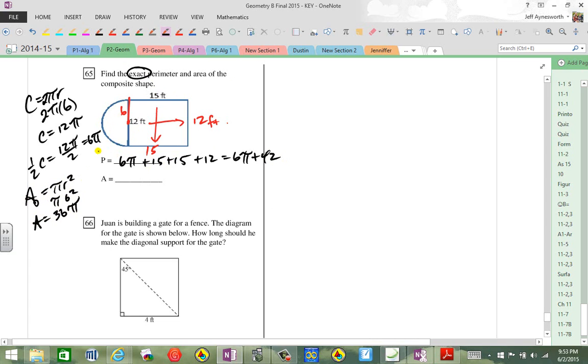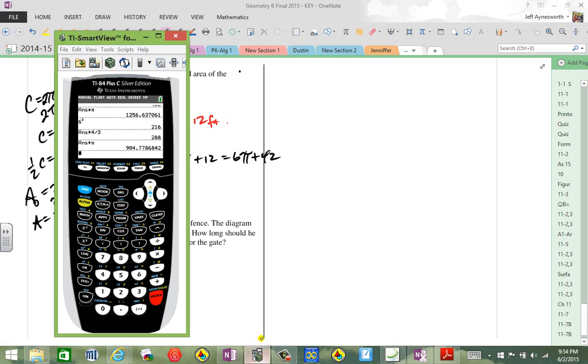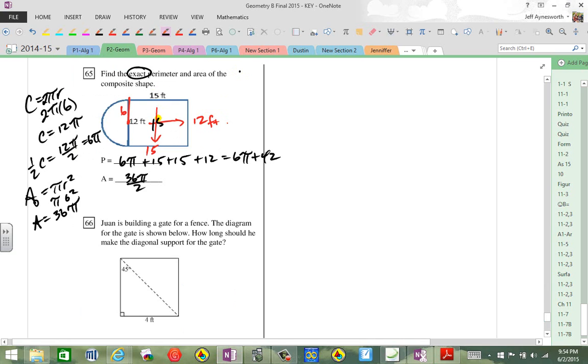So 36 pi divided by 2, plus the area of the rectangle, which is 12 by 15. 12 times 15 is 180. So inside here, there's 180 square feet. So you have to add 180 square feet. So that's 18 pi plus 180, and these are in square feet. The perimeter is just in feet.